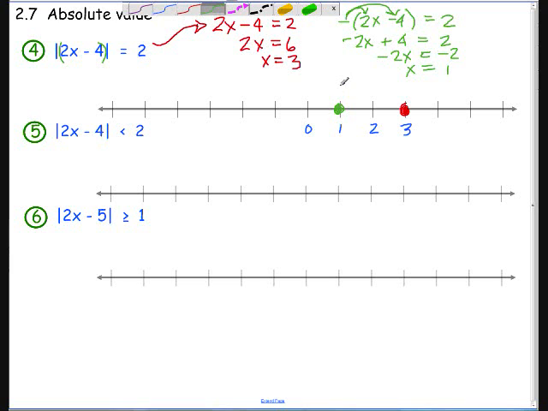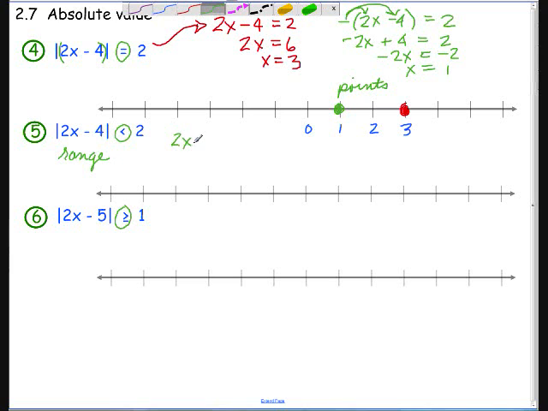And that's what I've got, points. Why do I have points here? Because we're dealing with an equality. What's going to happen with this one? With this one, I'm going to have a range of solutions because it's an inequality, and the same thing is true down here.